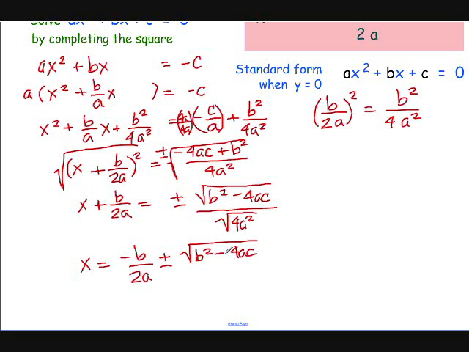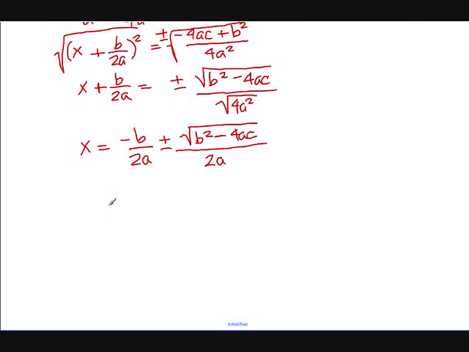Yeah, that's supposed to be a minus sign. All over, well, what is the square root of 4A squared? It's 2A, isn't it? So, voila! We have the quadratic formula.